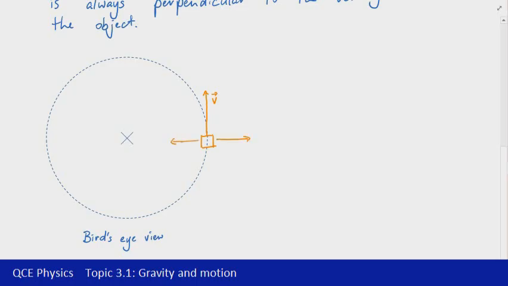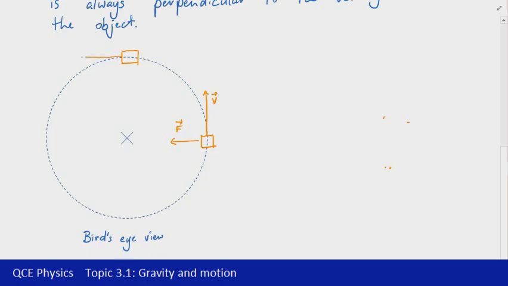Now, we can determine based on the direction of motion that it has to be this one that's directed towards the left here, not the one to the right, because given that the speed's going to be constant, the effect of the force is going to be to change the direction of the velocity. So if the direction of the velocity is curving over to the left, we know that the force acting on it must also be towards the left. At some later point in time the object will be at the top of this circle.